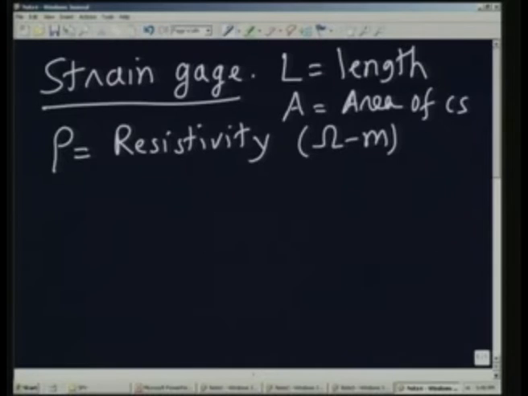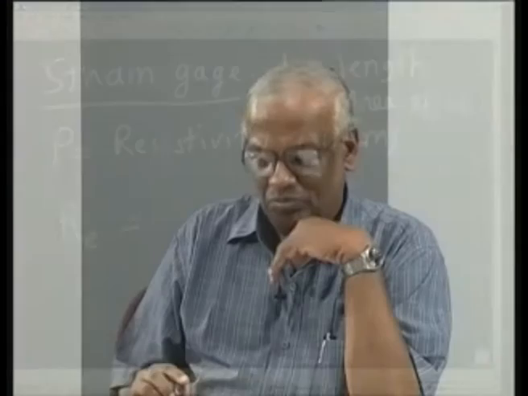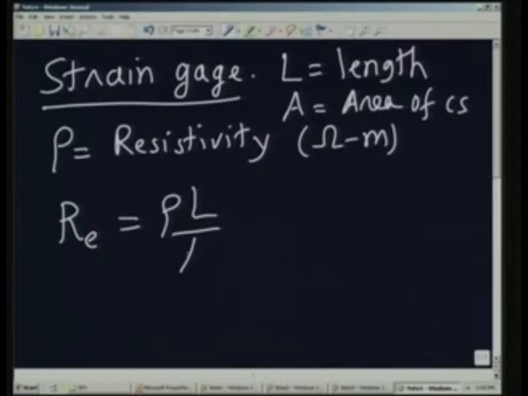So, I can write for the resistance R, if I want to indicate that it is electrical resistance, because R was also used for the radius of the cylinder, I will call it electrical resistance Re, given by rho into L by A. This is a familiar expression which we know from our elementary electricity.